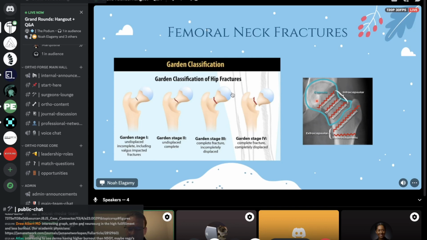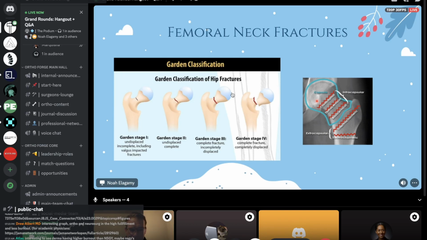So that's what the Garden classification is for. It's for femoral neck fractures in the elderly. It was not originally made for a high energy young MVC femoral neck fracture, because technically we still try to ORIF, or fix, the intracapsular ones for young people.